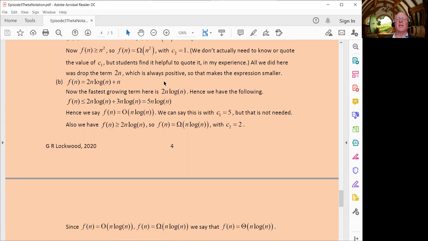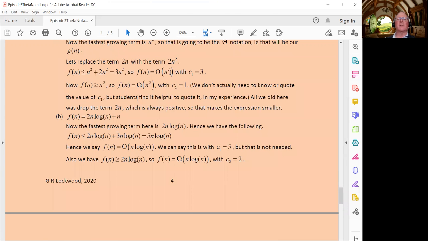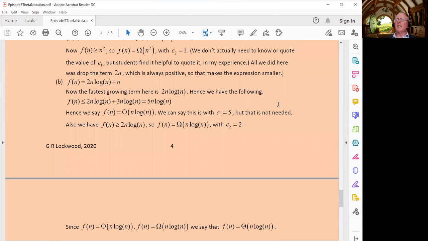And as you can see, I should have actually done the same thing here, because we've got big O of n squared and big omega of n squared. I should have said, look, it's big theta of n squared. And so that tells us that the growth is around about n squared. If you've got an algorithm that's, say, n log n, that's better, more efficient.